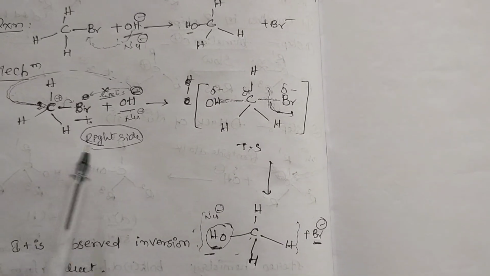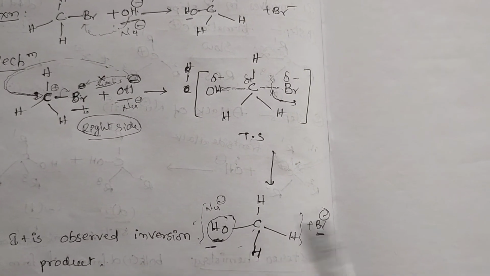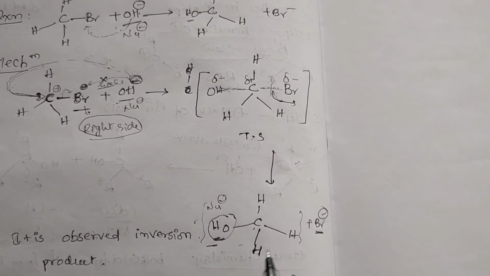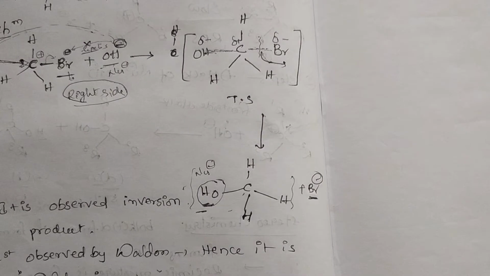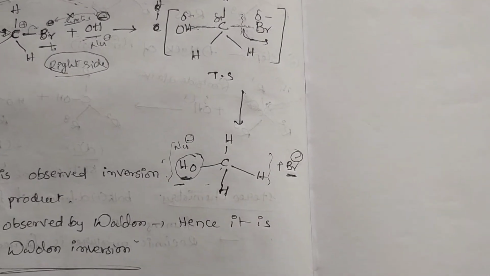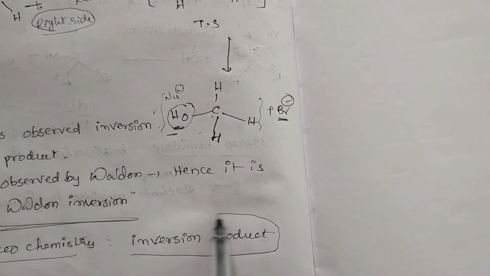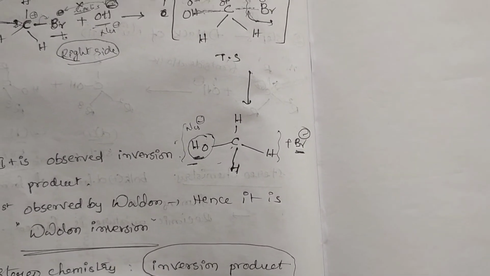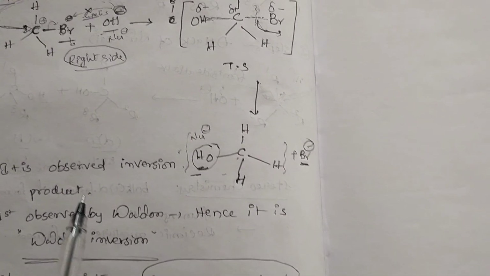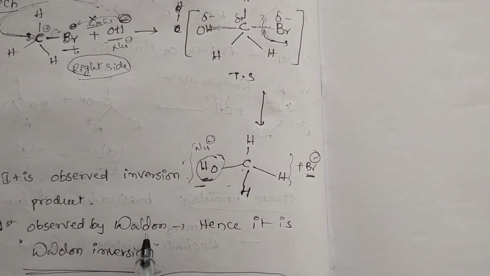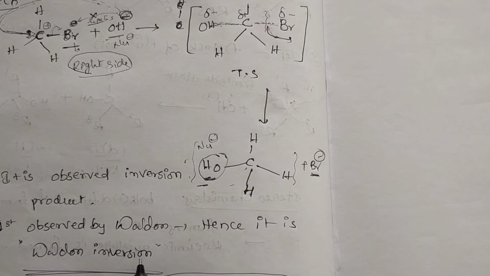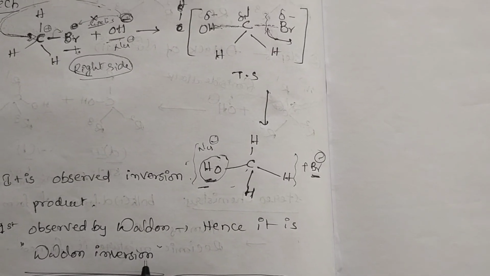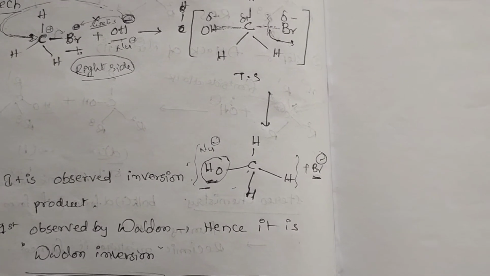So the product is inverted. This is called the inversion product. It was first observed by Walden, hence it is also called Walden inversion. Clear, students? Walden inversion is very important.